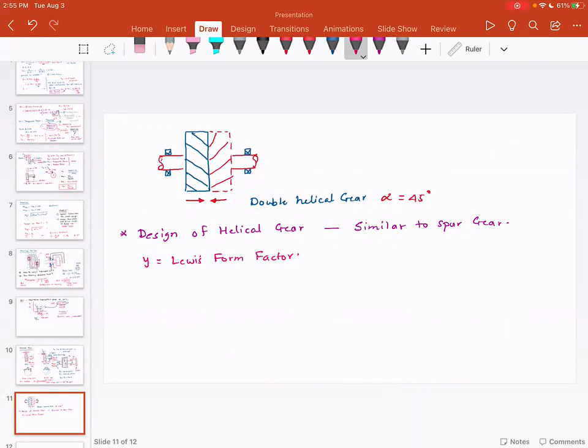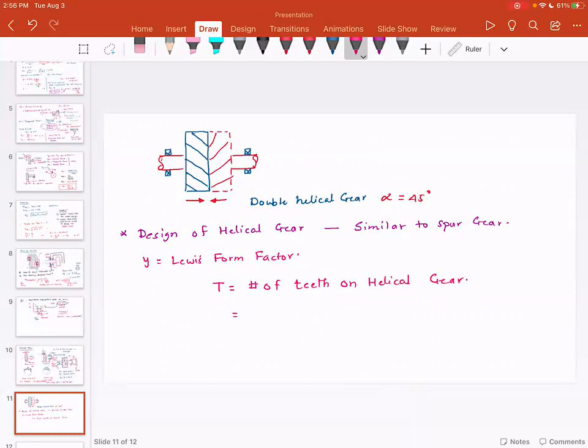But if you look at the helical gears, say the number of teeth on the helical gear is T. So T is equal to the number of teeth on helical gear.